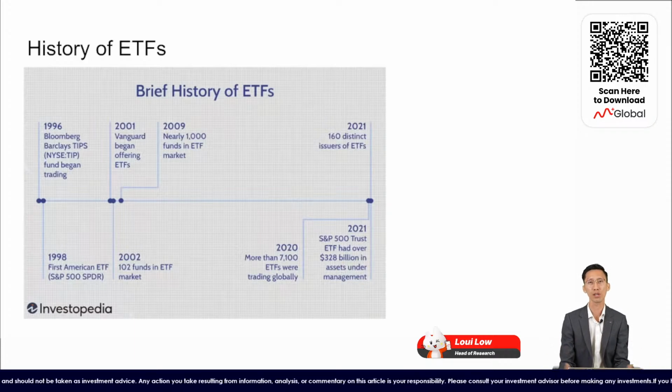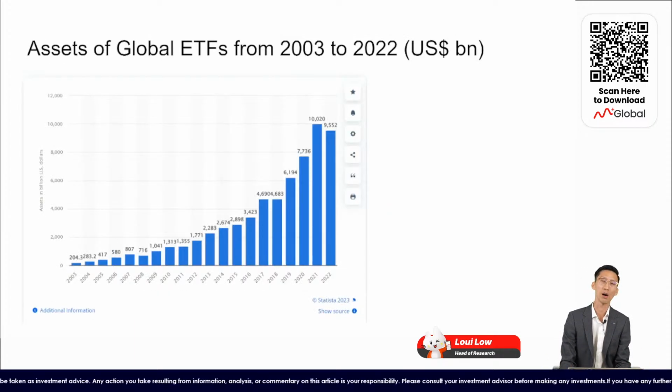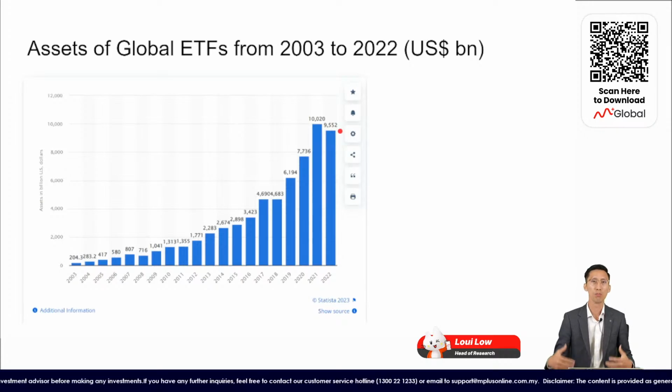Therefore they have more than 25 years of performance history. Global ETFs also went up to about 10 trillion in 2021, and dropped slightly to 9.5 trillion in total global ETF assets. So what does it mean? It means that a lot more issuers are issuing ETFs, and it has covered more than 9.5 trillion right now.